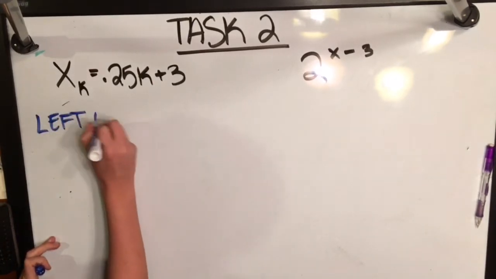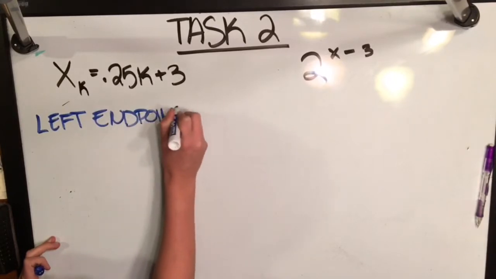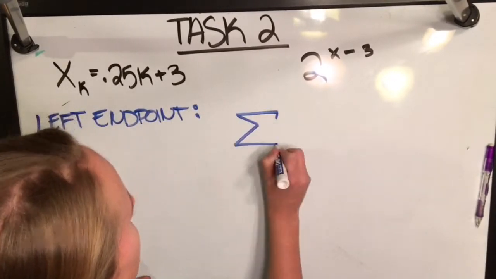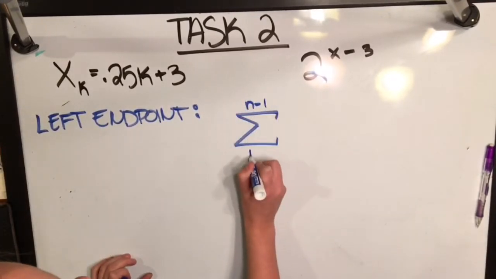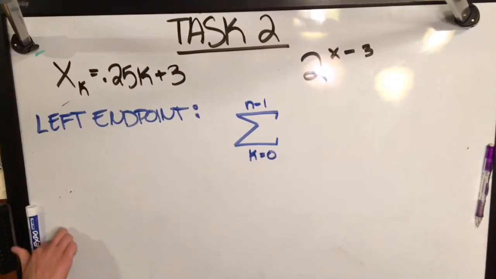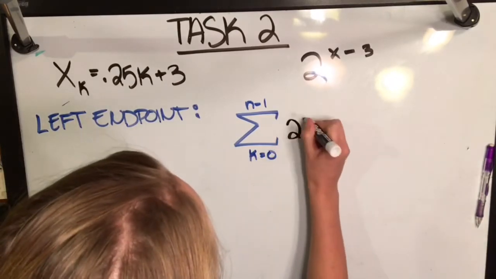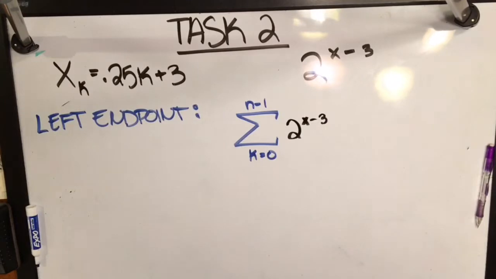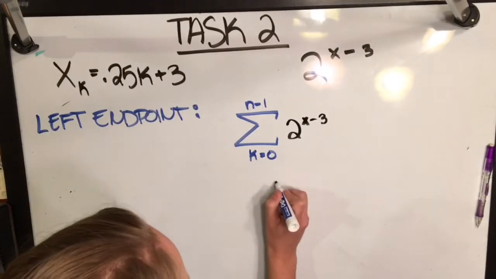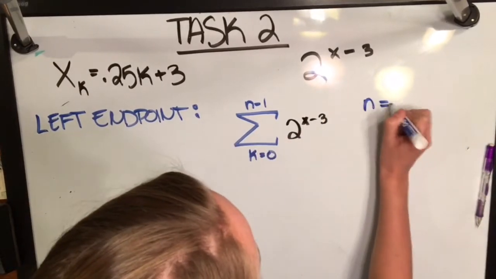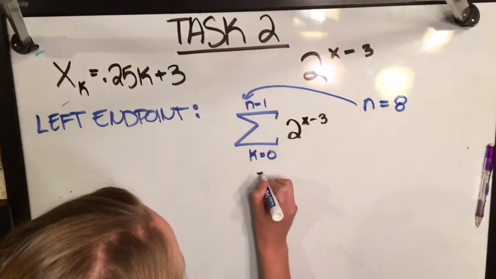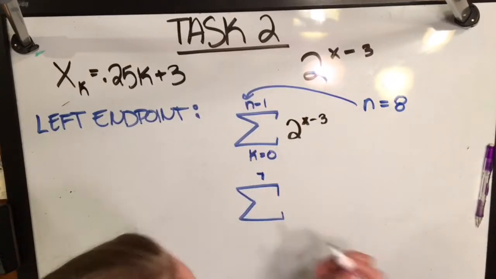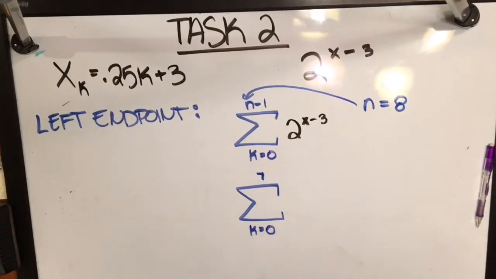For left endpoint, you have n minus 1 up top and k equals 0 at the bottom, and then your equation, which in this case is 2 to the x minus 3, in front. N is the amount of endpoints you have, which in this case is 8. Remember, we divided by 8 earlier. So now you have 8 minus 1 equals 7, and then your sigma, and then k equals 0.